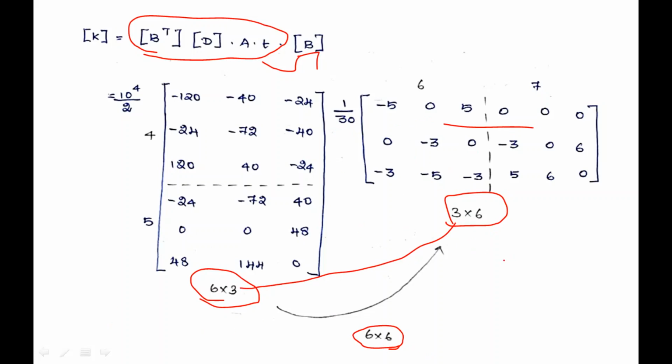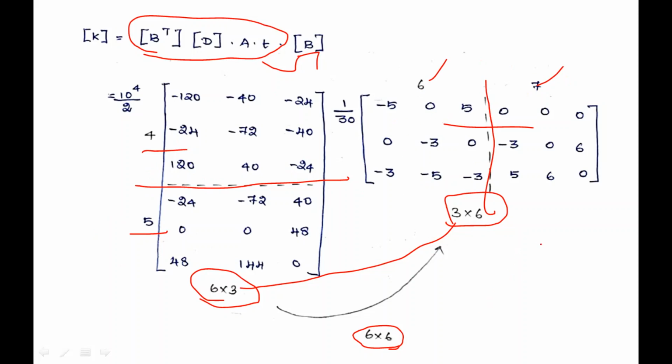Now how to do this matrix operation? Now we are going to do this operation by splitting these matrices into 3 by 3. Now let us say this matrix, we are dividing into two matrices, let us say 4 and 5. Here this matrix we are dividing into two matrices 6 and 7.